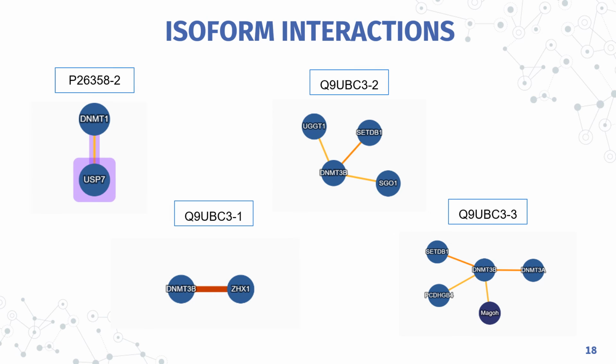The isoforms that report interactions in IntAct are presented below. An example of this is the DNMT1 isoform that interacts with the USP7 protein, responsible for regulating the stability of multiple proteins involved in various cellular processes, including DNA damage response, transcription, and epigenetic control of gene expression.